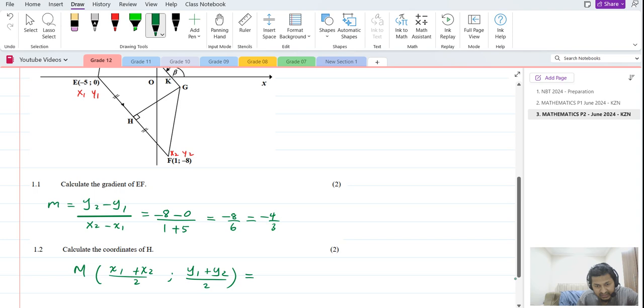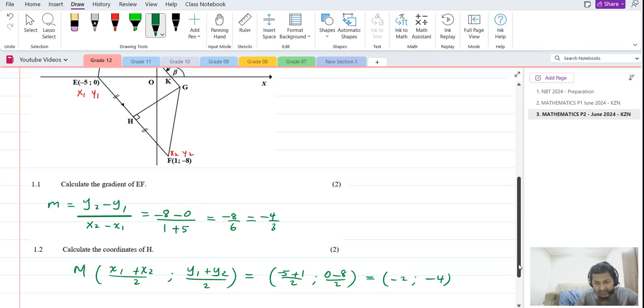We add the 2 x values, minus 5 plus 1, divided by 2, and 0 minus 8, divided by 2. Minus 5 plus 1 is minus 4, divided by 2 is minus 2. And 0 minus 8 is negative 8, divided by 2 is negative 4.